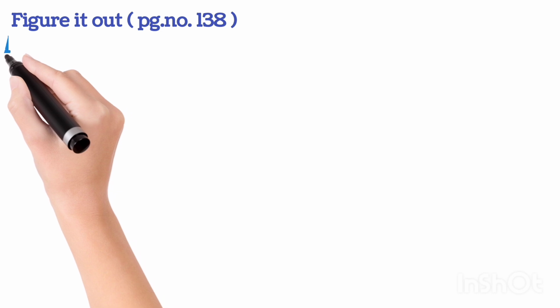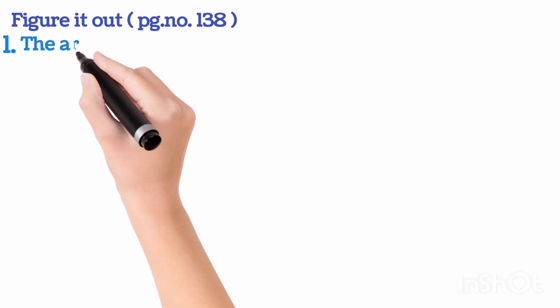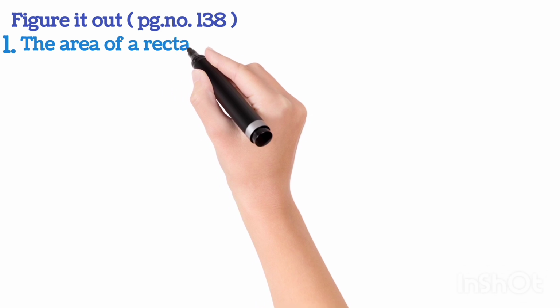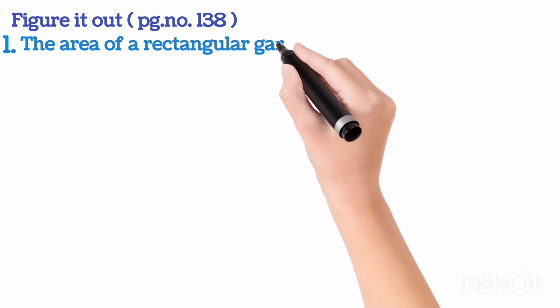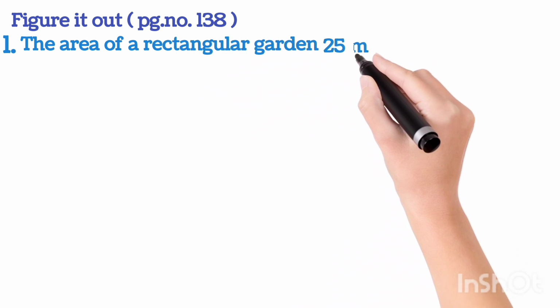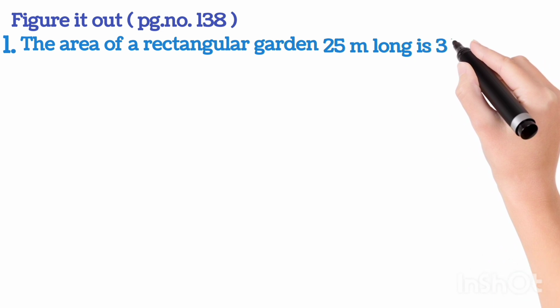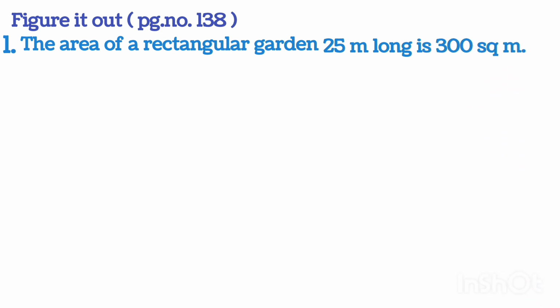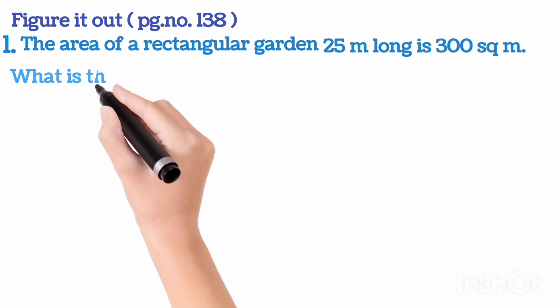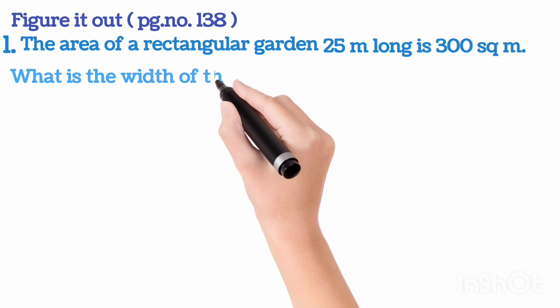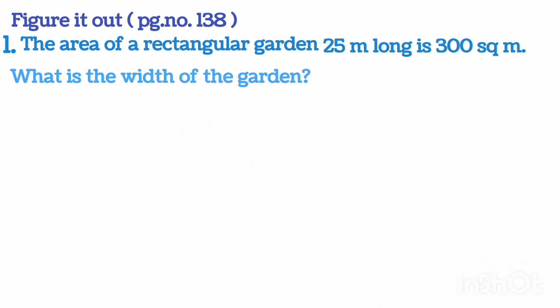Page number 138, as I told you. First, question number 1: the area of a rectangular garden 25 meter long is 300 square meter, means the area of this garden is 300 square meter.